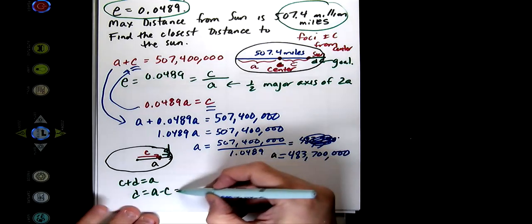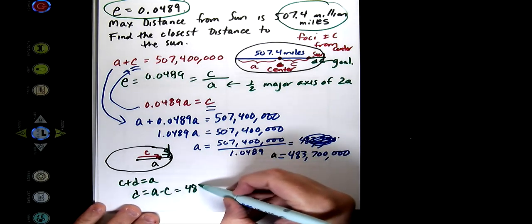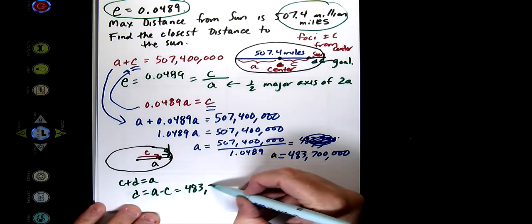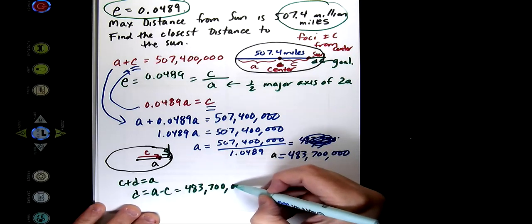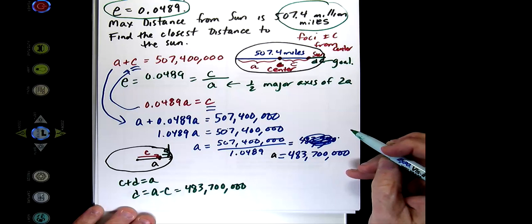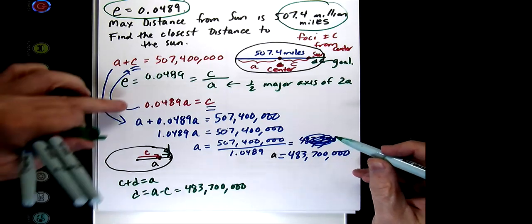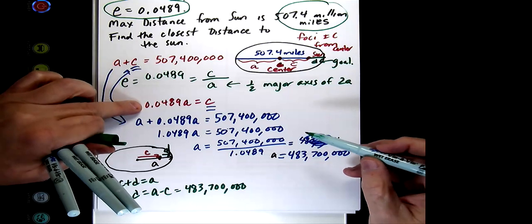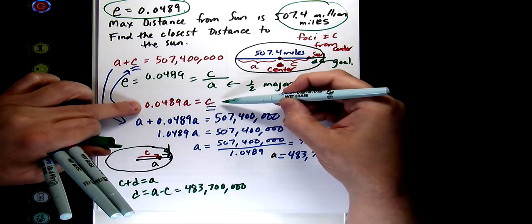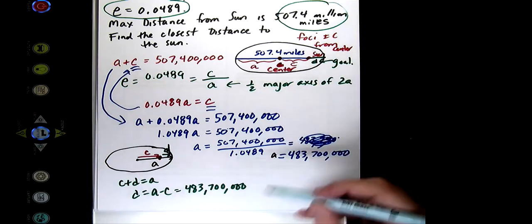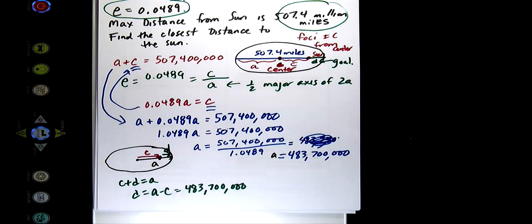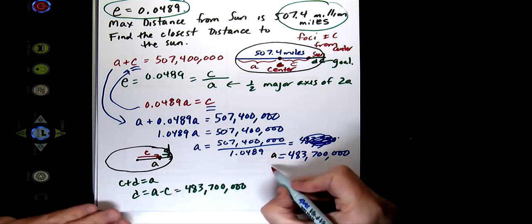And we have both of those. We have 483,000 million, sorry, 700. Well, I can calculate C, right? C is 0.04089 of A. Oh, we need C real quick. What is C?